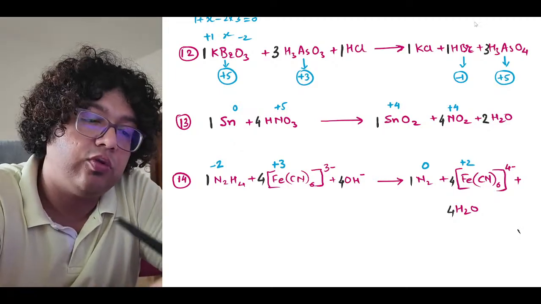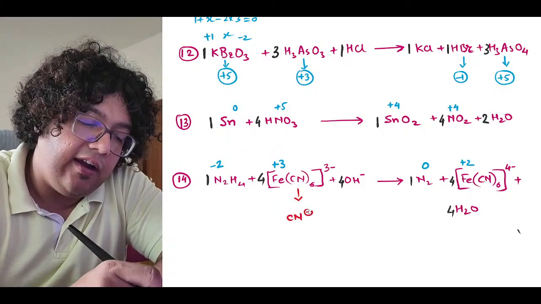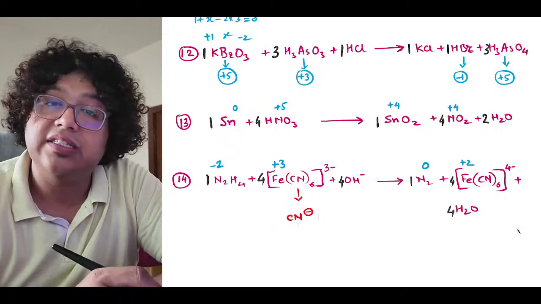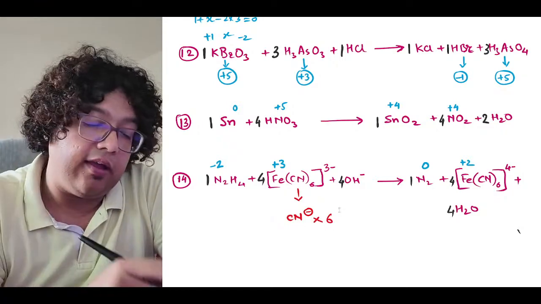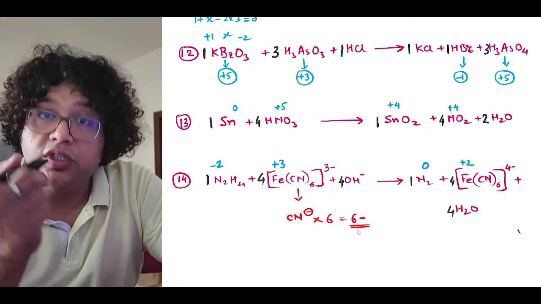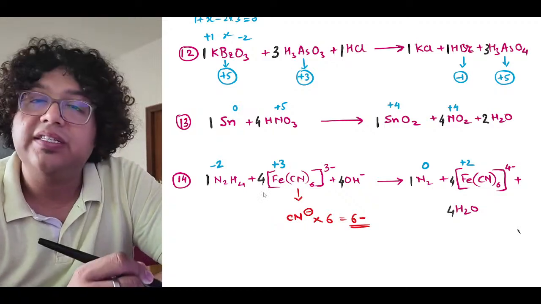Now, how am I supposed to know the oxidation state? Well, I have to know that the cyanide ion has a -1 charge. So 6 cyanide ions will have a 6 minus charge, and +3 of the iron.